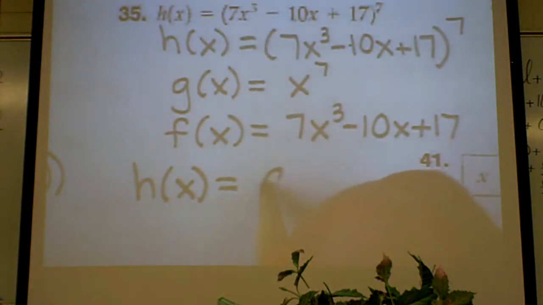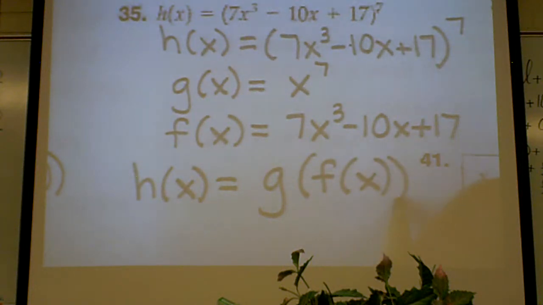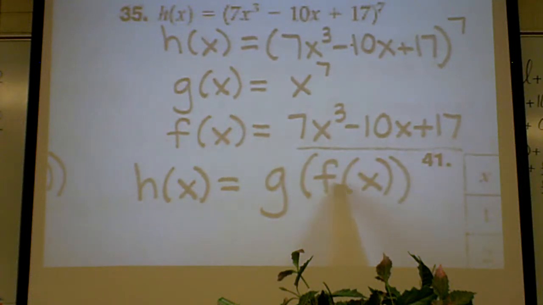G of f. And it's not correct if you did it the other way, because if you had an f out here, you'd be putting that into this. But you want to put this, remember you do this first, this goes into that. So do you get the h of x?